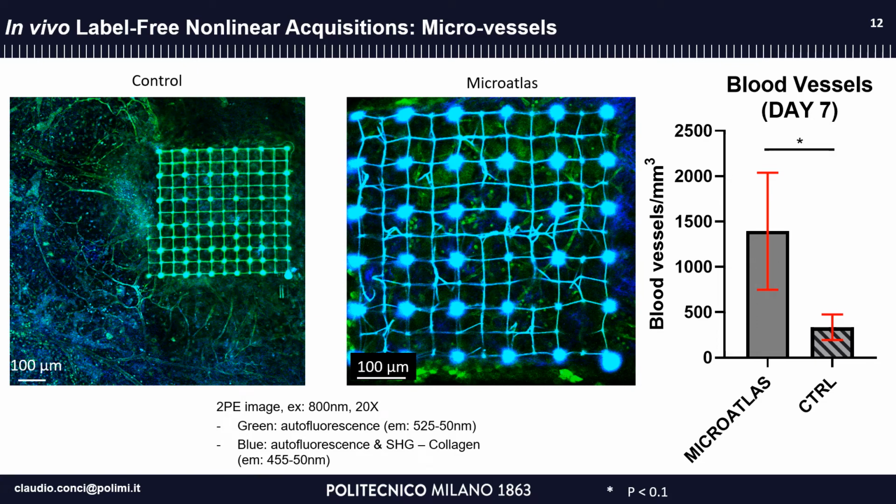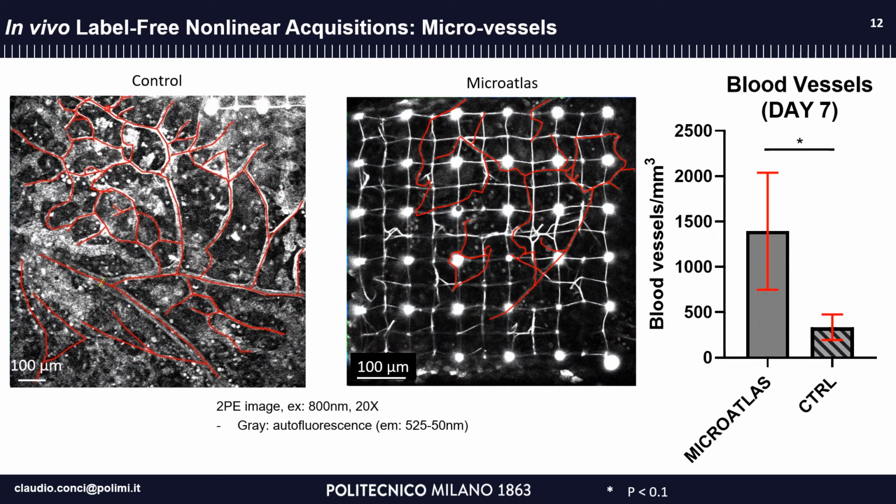In autofluorescence, as you can see, we isolate neovascularization in the control sample outside the Microatlas and inside our scaffold. Then we proceed with the manual segmentation of our blood vessels and the quantification of the density of blood vessels formed in the inspected volume. As you can see, what we obtain is a blood vessel density 3 times greater inside the Microatlas with respect to the control, obtaining a functional vessel network that can be quantified at different time points.